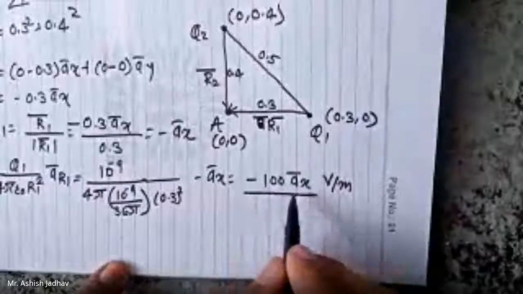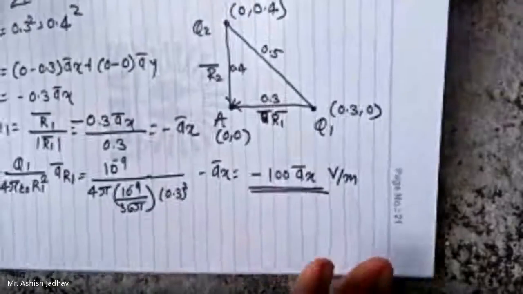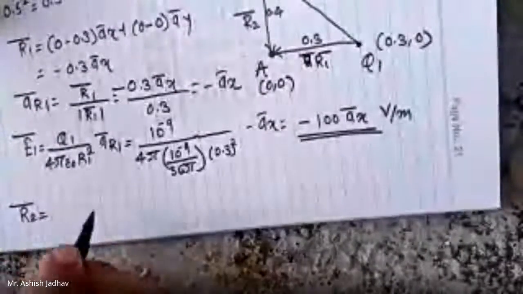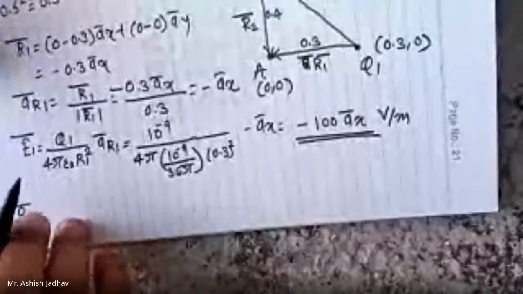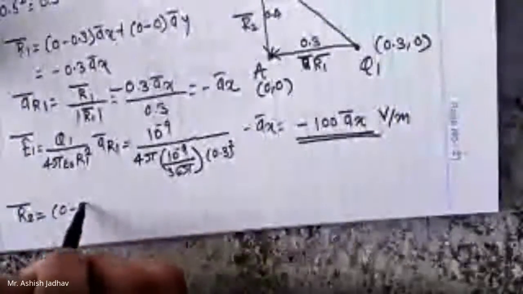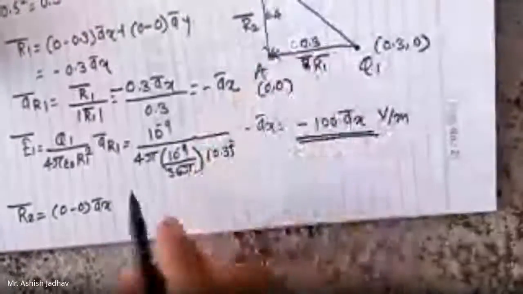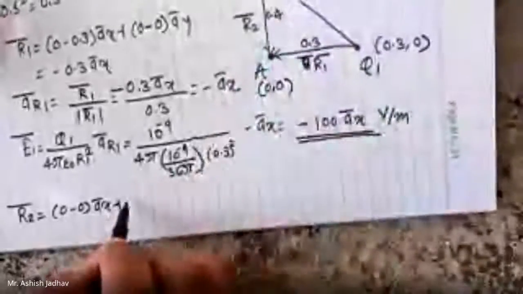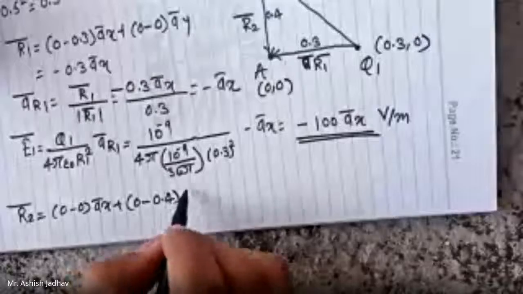So once you get this answer, you can proceed to find R2. R2 bar is equal to 0 minus 0 a bar x plus 0 minus 0.4 a bar y.